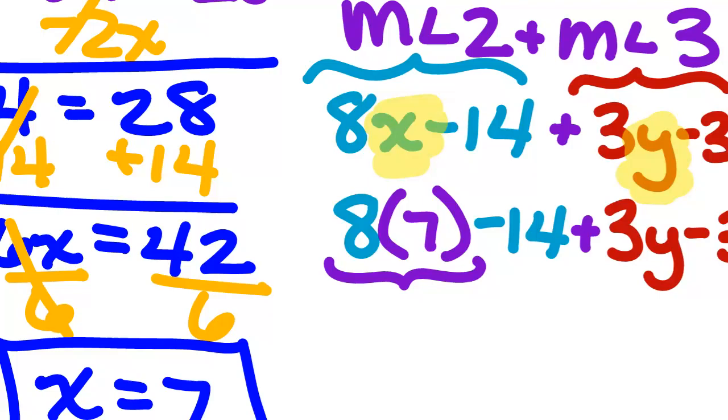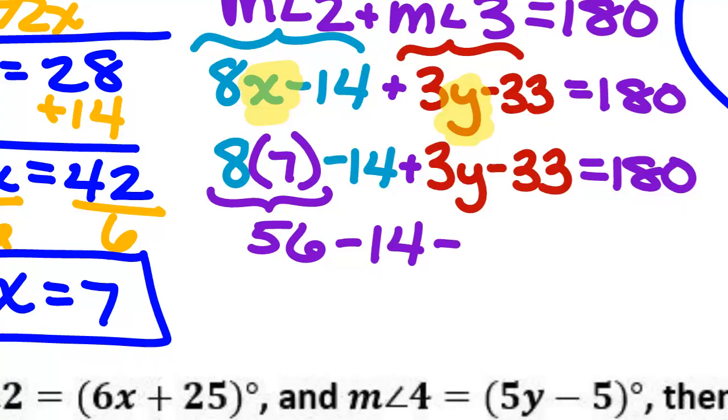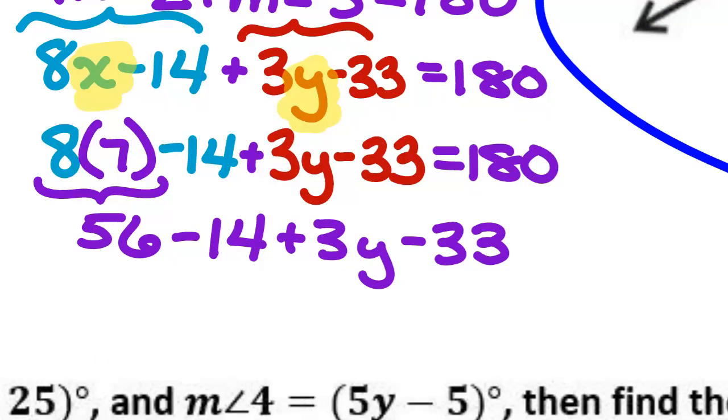What is 8 times 7? 56. So I have 56 minus 14 plus 3y minus 33 equals 180.